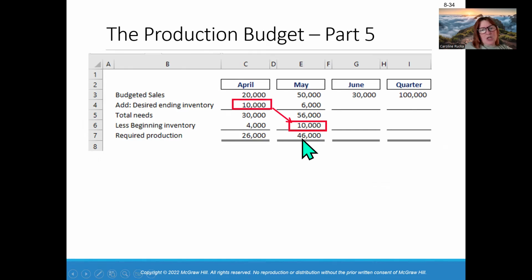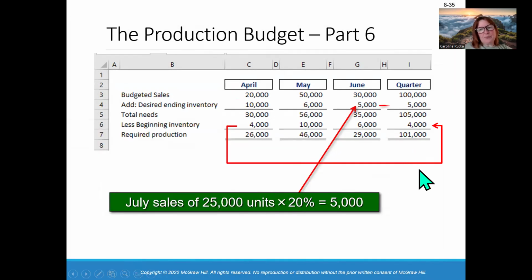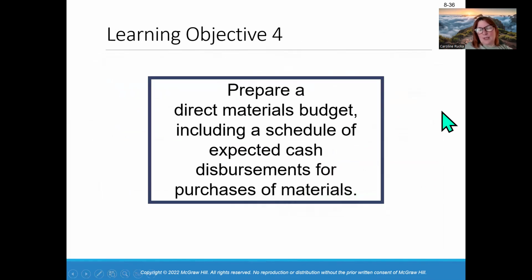So we really only need to produce 46,000 units. And so on. Do the same thing in June, and then you add up your totals to get your quarterly totals. Just remember that you're going to carry forward an extra 20%.